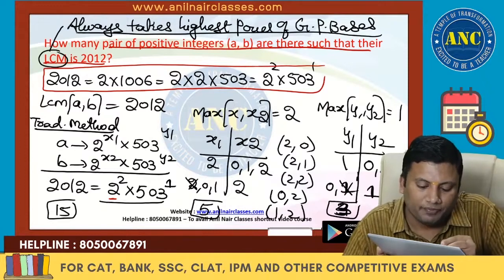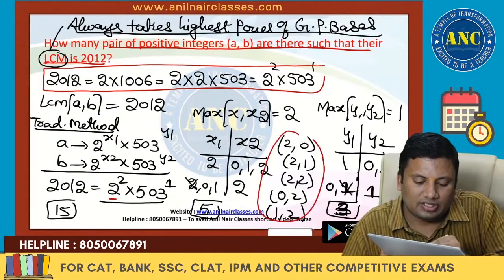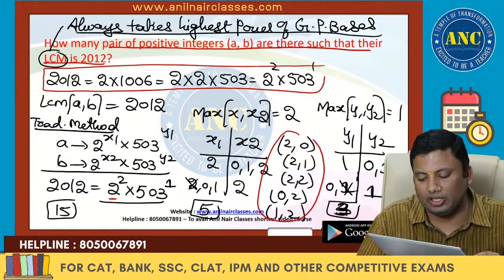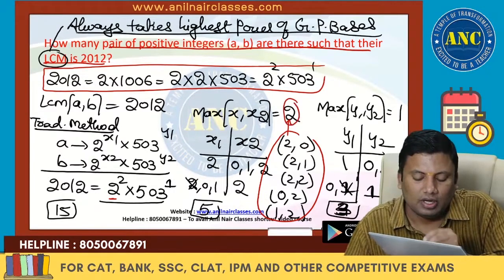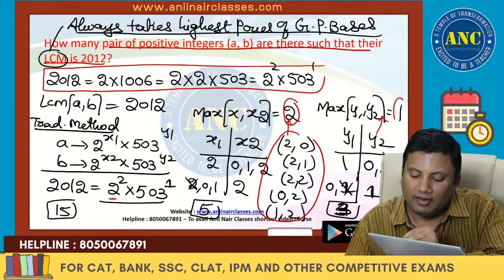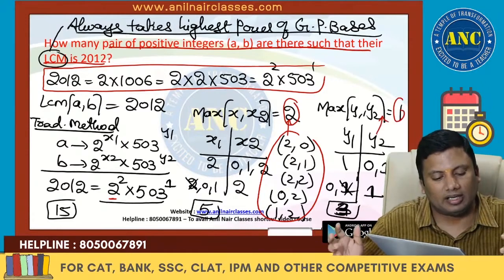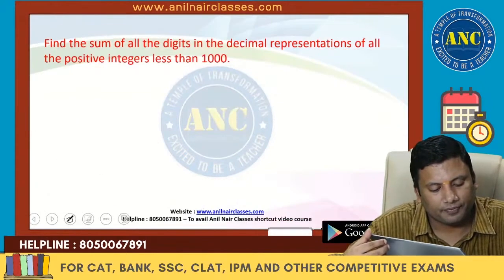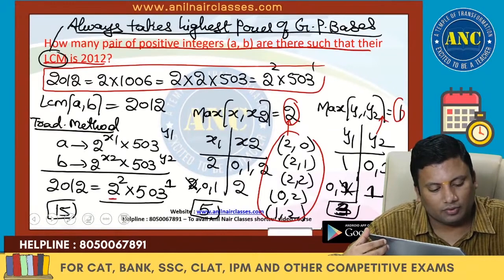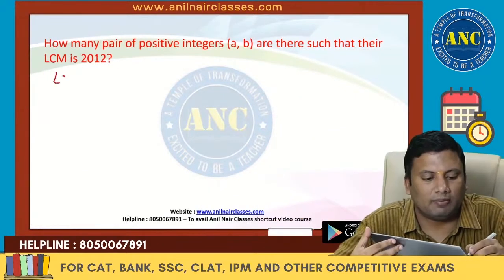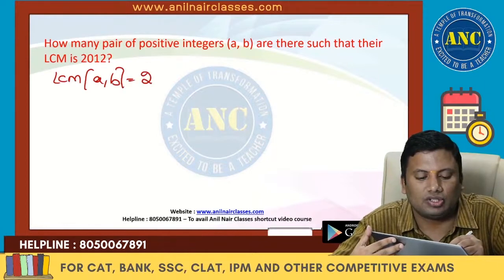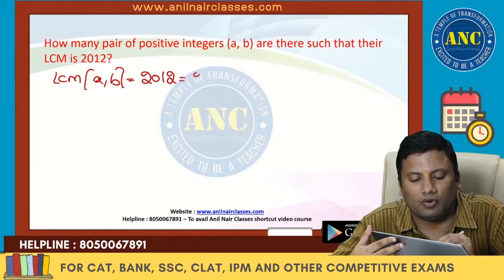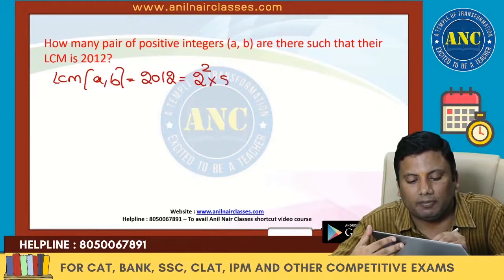Please observe, in all these doublets, x1 is 2 or x2 is 2. Right? In these doublets, 1 is present in every doublet. Now, please write down, sir. This is nothing but LCM of A comma B, which is nothing but 2012, which is nothing but 2 square into 503.